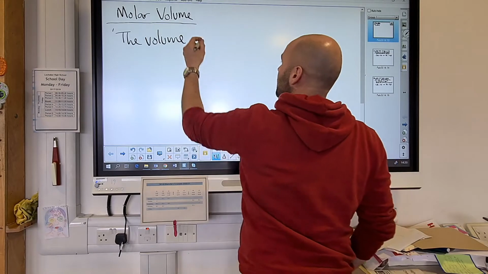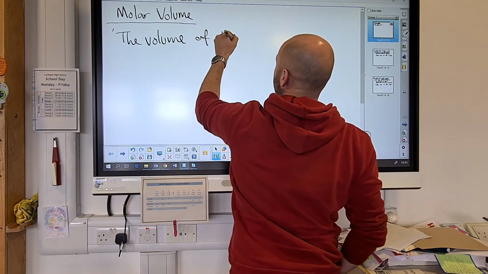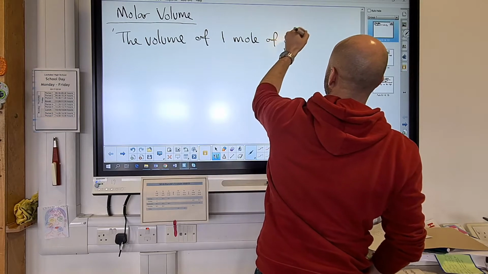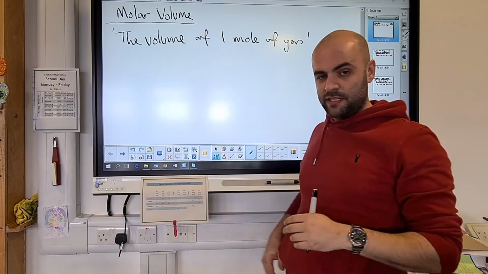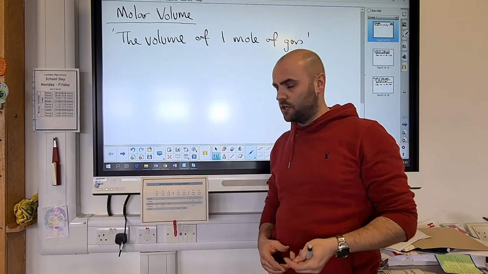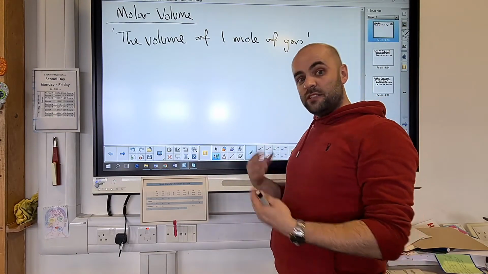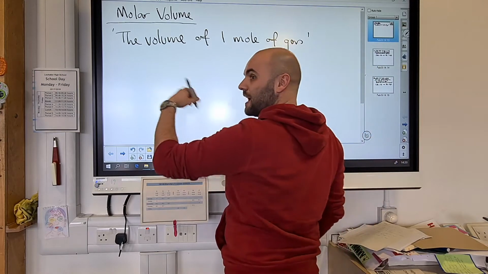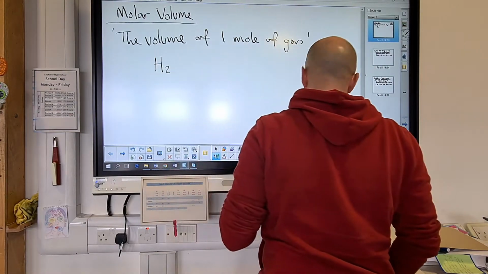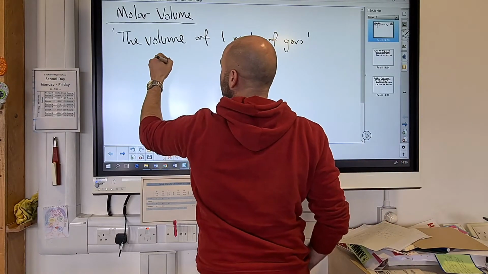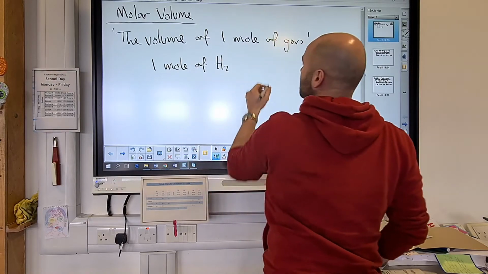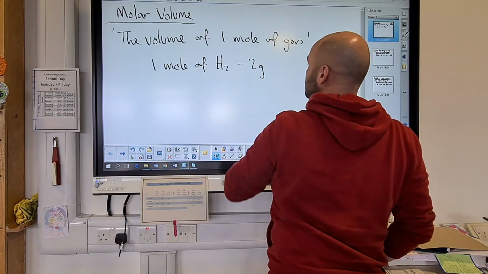volume of 1 mole of gas. That's it. So basically the volume that 1 mole of gas would occupy. The amazing thing about this is regardless of what gas we speak about, so we could be speaking about 1 mole of hydrogen, H2, which weighs only 2 grams.